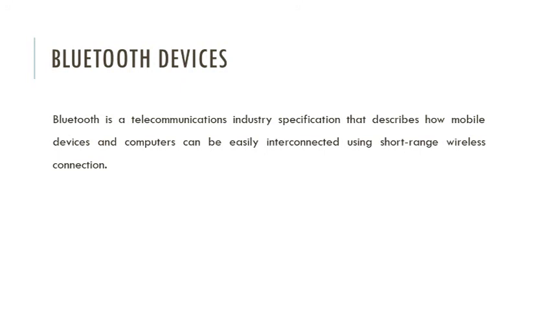That's the definition of Bluetooth, and it requires a low-cost transceiver chip to be included in each device. This transceiver transmits and receives in a previously set frequency band of 2.45 gigahertz that is available globally.